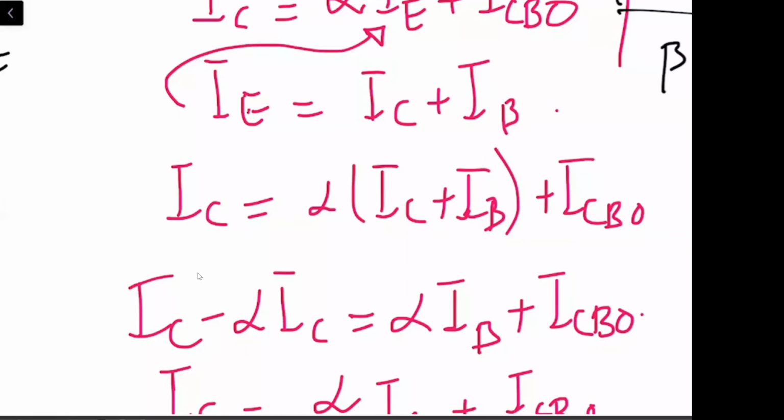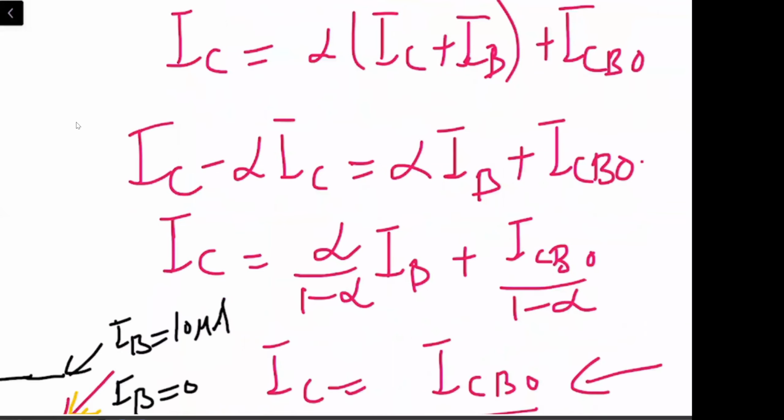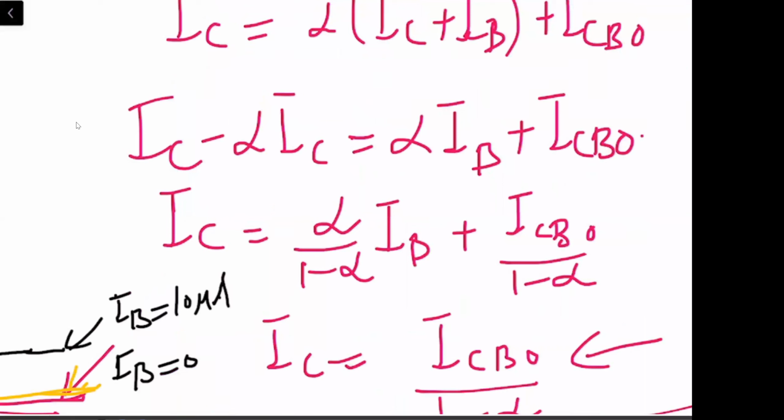If you do the mathematical manipulation, we obtain IC is equal to alpha divided by 1 minus alpha into IB, plus ICBO divided by 1 minus alpha.